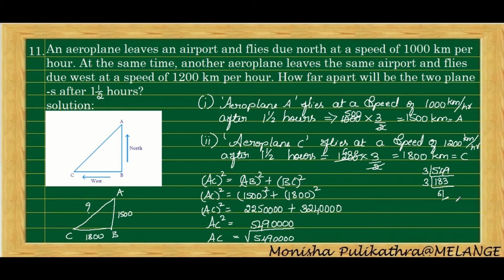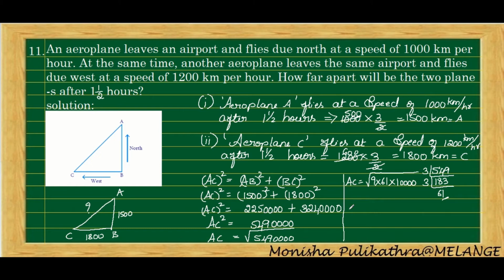So it is a prime number, we can stop here. So AC is equal to square root of, instead of 549 we can write 3 3s are 9 into 61 into 4 zeros.